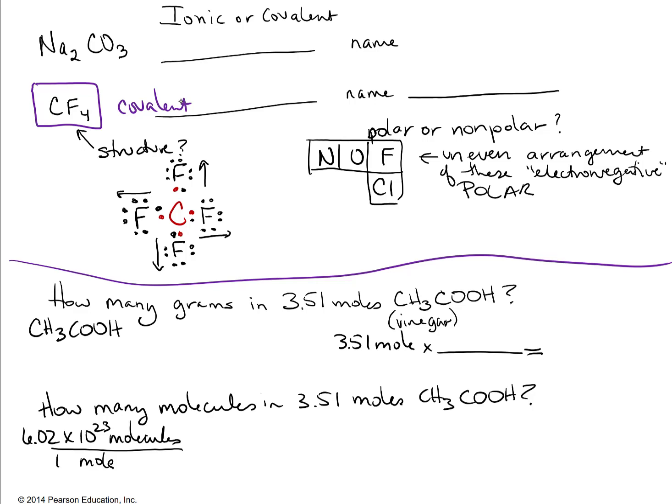What's the geometry about the carbon? If you have a carbon with 4 single bonds, what does that shape always form? It's the tetrahedral. So in the tetrahedral, remember, you're going to evenly spread those fluorines apart from each other.